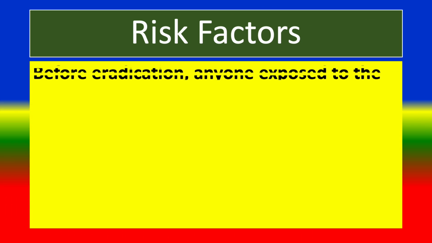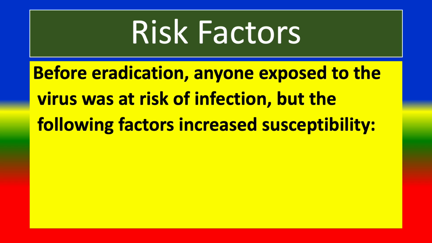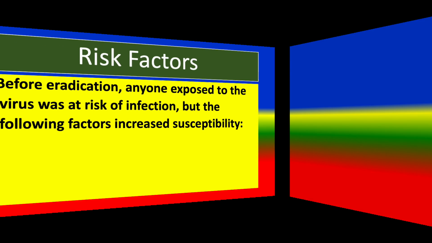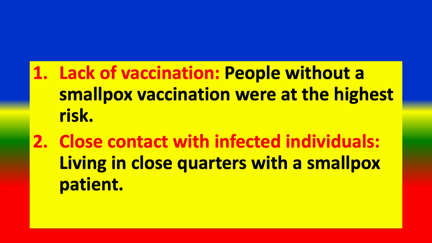Risk factors: before eradication, anyone exposed to the virus was at risk of infection, but the following factors increased susceptibility. 1. Lack of vaccination. People without a smallpox vaccination were at the highest risk. 2.